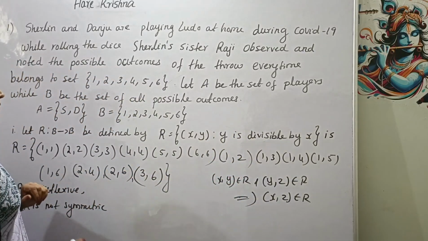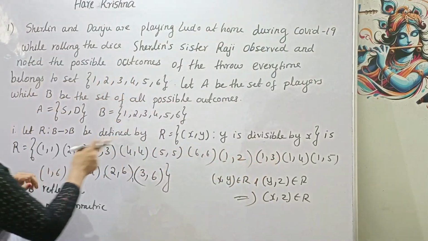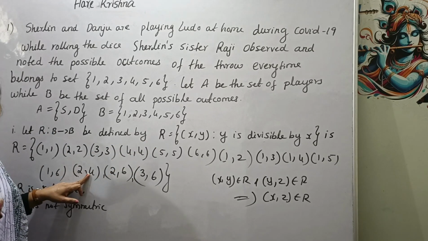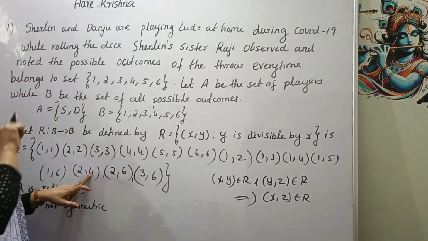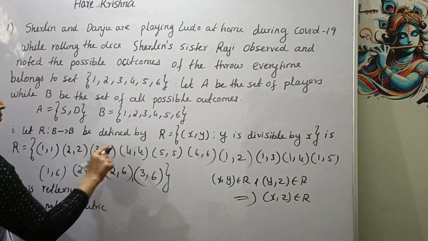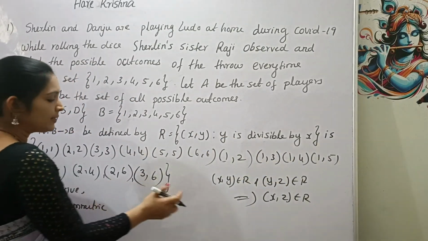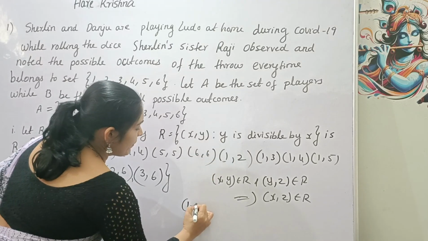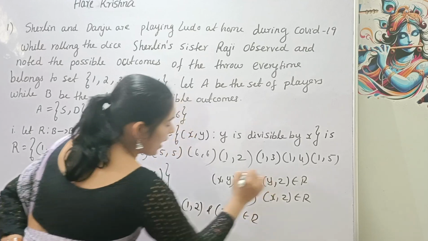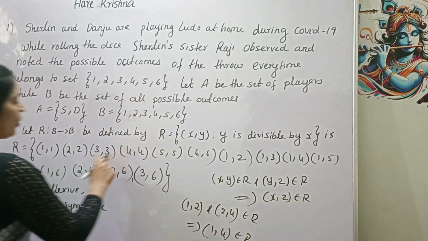Let's take (1,2) belongs to R and next let us take (2,4) belongs to R. Then for transitive, (1,4) should belong to R. See, (1,2) belongs to R, (2,4) belongs to R, and (1,4) is there. Yes, (1,4) belongs to R. This implies (1,4) belongs to R.